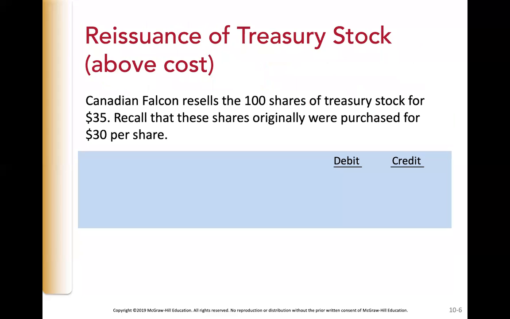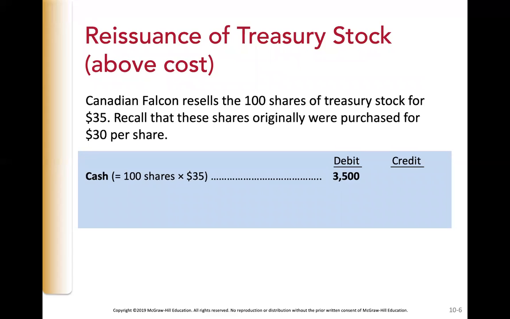Let's discuss now the reissuance of treasury stock. So Canadian Falcon decides to resell the 100 shares of treasury stock for $35. Remember, these shares were originally purchased at $30 per share. So first thing we want to record is our cash.